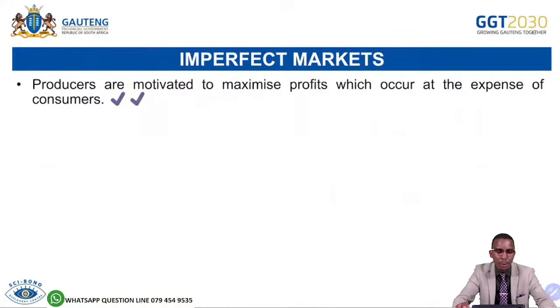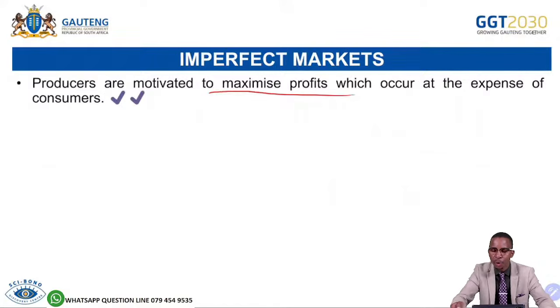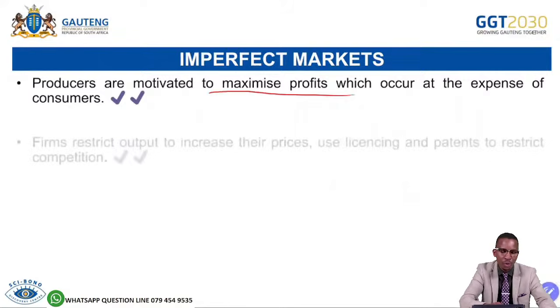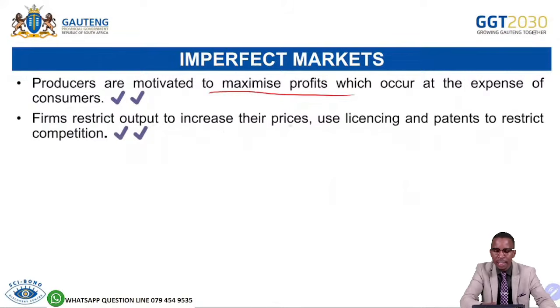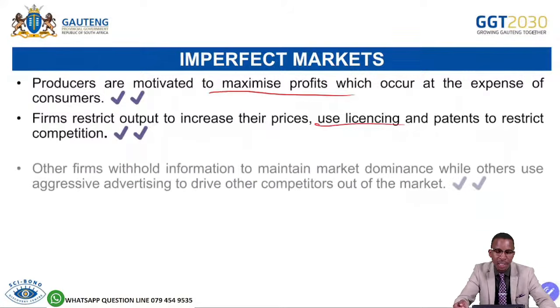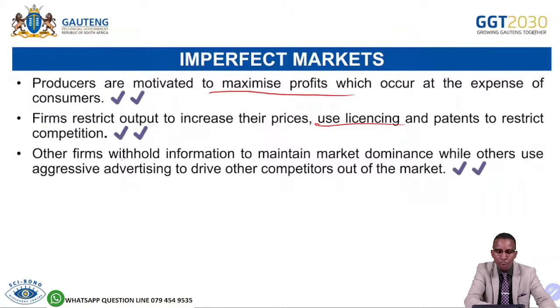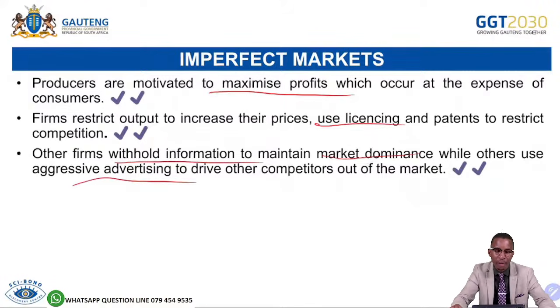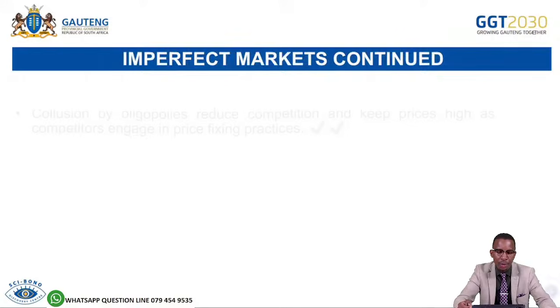Imperfect markets: producers are motivated to maximize profit, which occurs at the expense of the consumer. Firms restrict output to increase their prices, and use licensing and patents to restrict the entry of other businesses and competition. Other firms withhold information to maintain market dominance, while others use aggressive advertising to drive competitors out of the market. And then we continue.